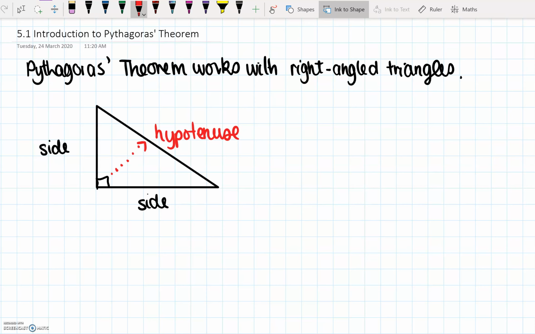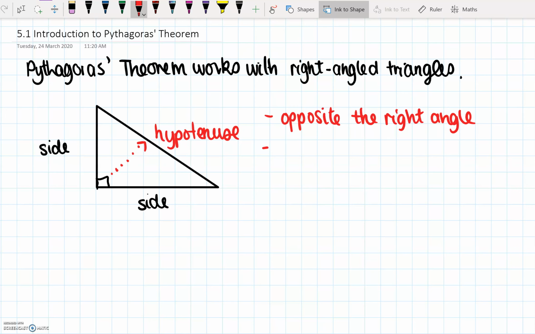Okay, now the hypotenuse has a few properties. Firstly, as we said, it is opposite the right angle. That is the first property of a hypotenuse.